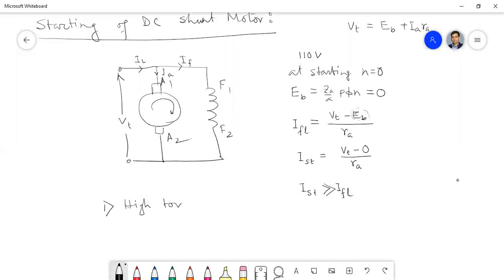Because if the current is very high, flux is constant, current is instantaneously very high, that means the very high torque gives quick acceleration.